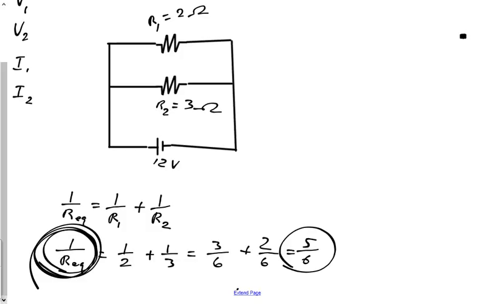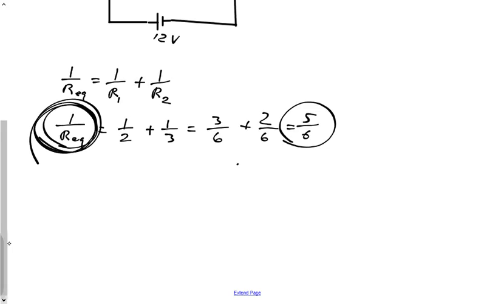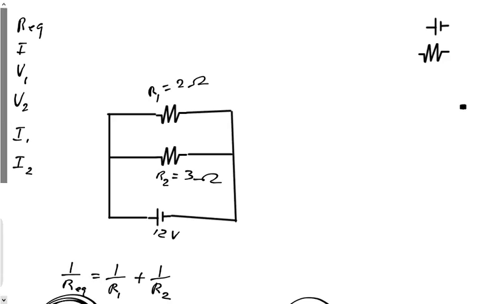So you must now take the reciprocal. So the equivalent resistance is equal to 6/5, which is equal to 1.2 ohms. That is the equivalent resistance. Not 5/6, but 6/5. You must take the reciprocal. So let's go back up. This is equal to 1.2.